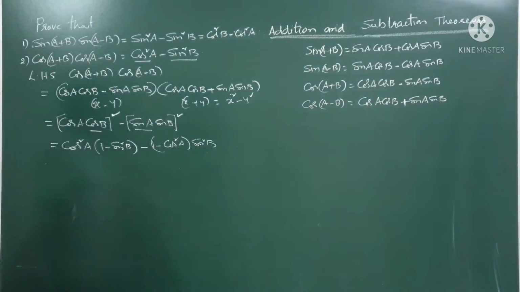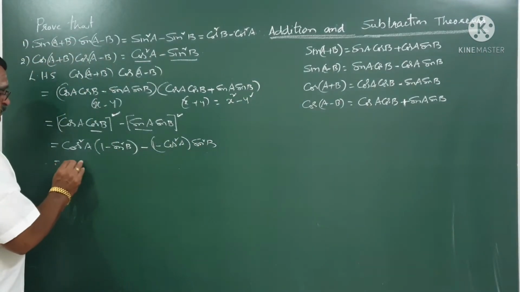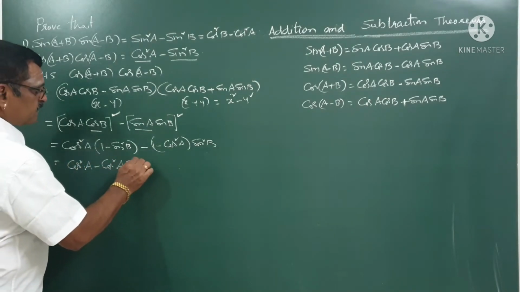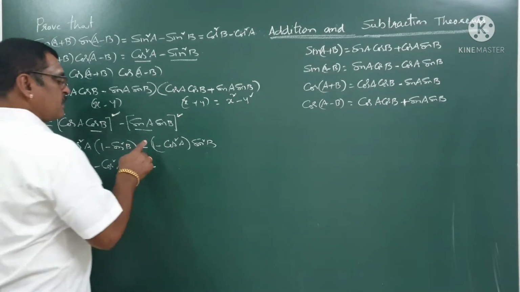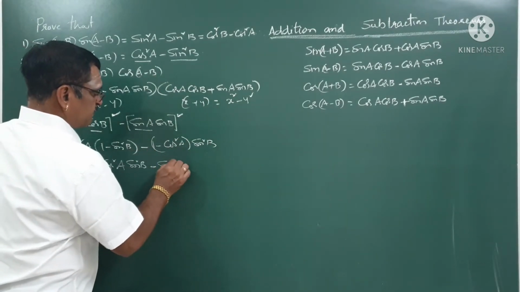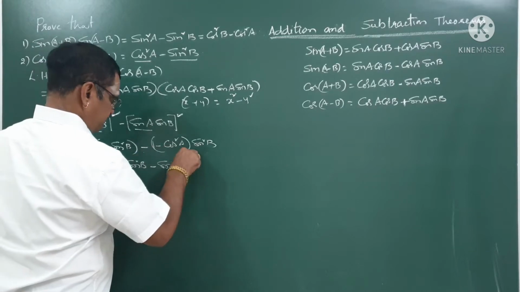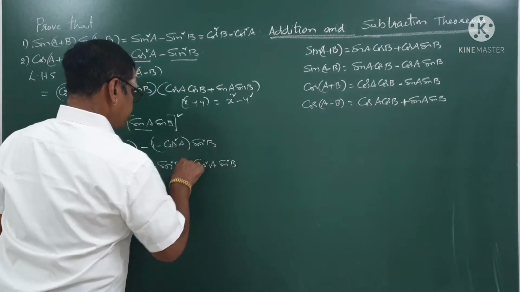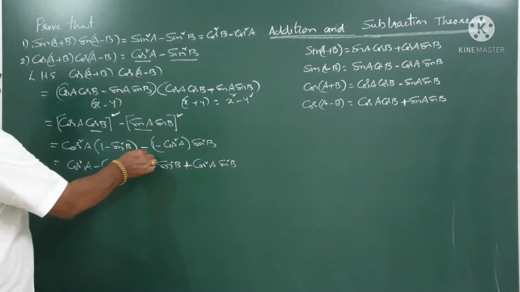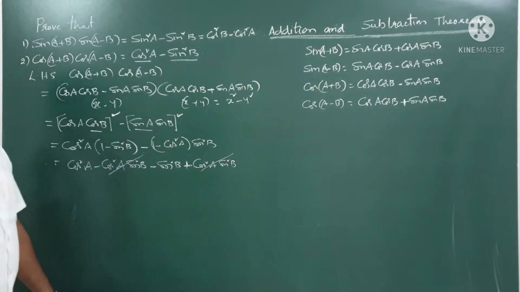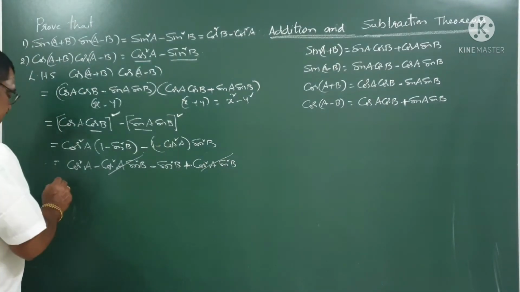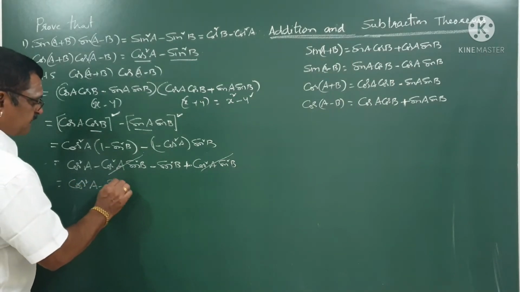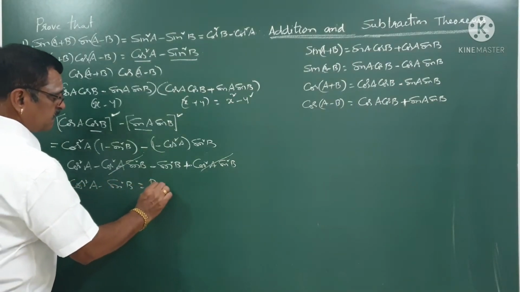Just open the bracket, you get cos square a minus cos square a sin square b minus 1 into sin square b, minus into minus plus cos square a sin square b. Now this negative quantity and the positive quantity are the same, we can cancel. So we have cos square a minus sin square b. We got the right hand side.